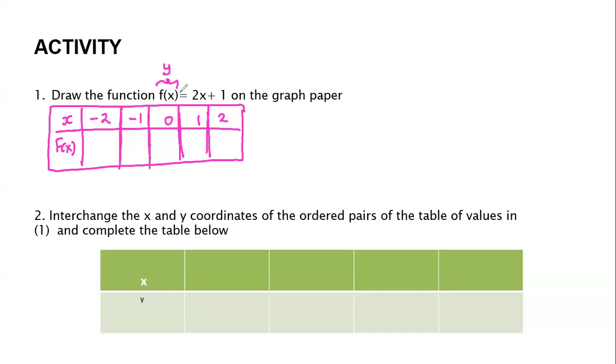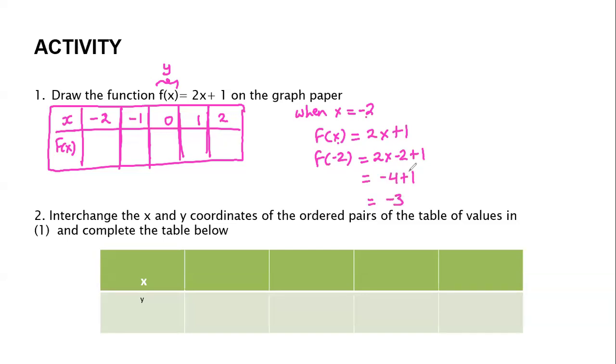The first one, we put in -2. When x is equal to -2, f of x is equal to 2x plus 1. Where there is x we put the -2. So f of -2 equals 2 times -2 plus 1, which gives -4 plus 1, which gives us -3.